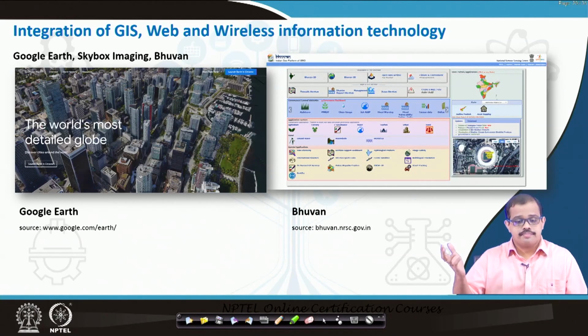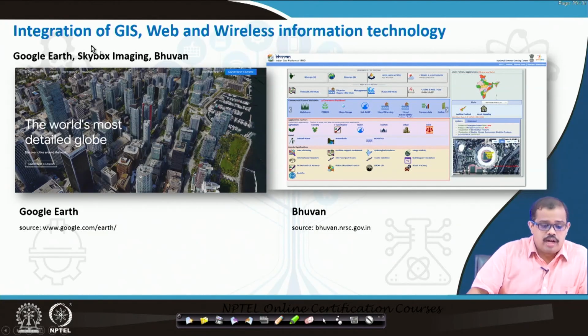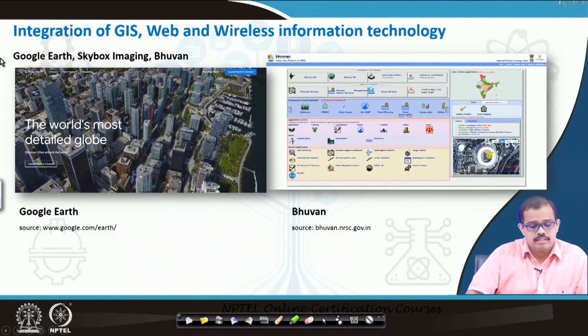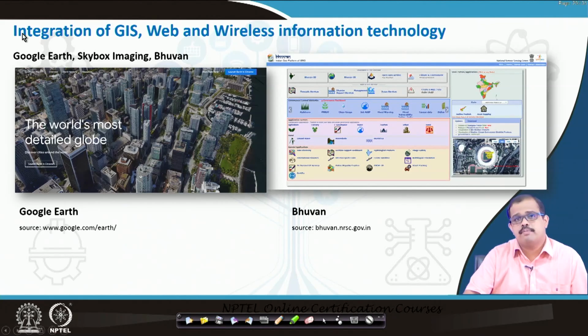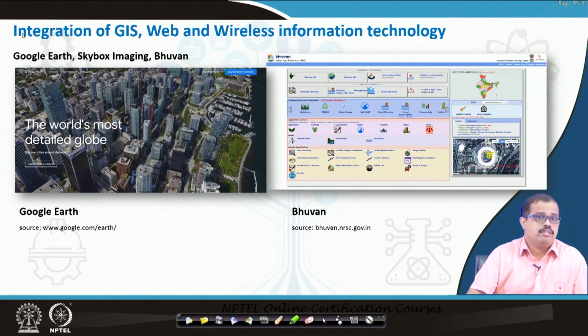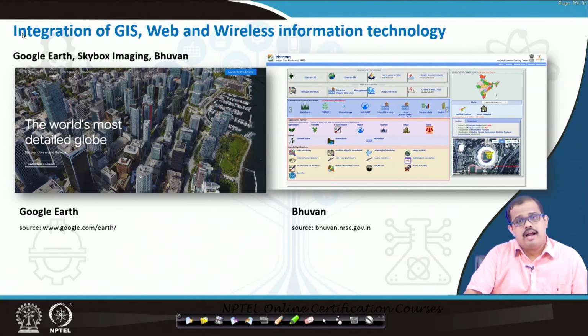So in case you want to integrate GIS, web and any wireless information technology, then you have Google Earth. Google Earth is one of those places where you can learn. I would suggest everyone to download Google Earth, look at Google Earth. There's a host of information there. Please download the 3D version of Bhuvan and look at it. It gives you a lot of information, a lot of data that is available.